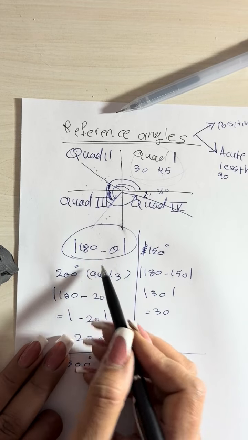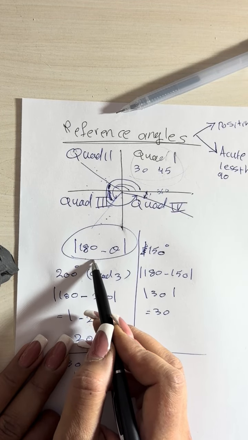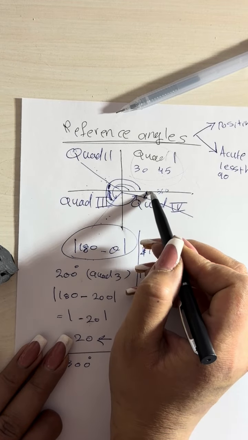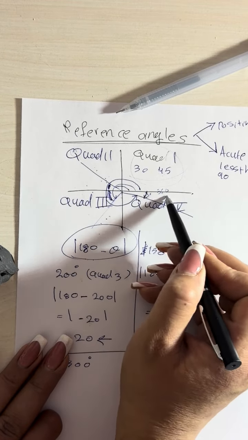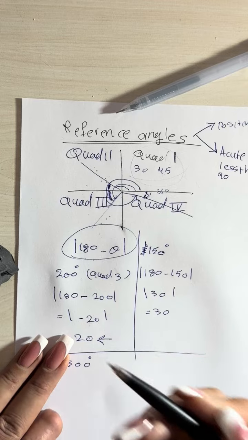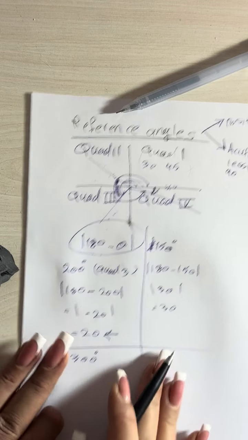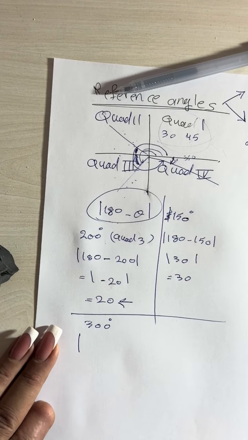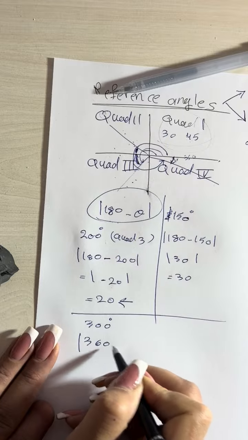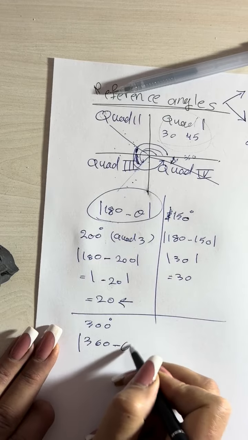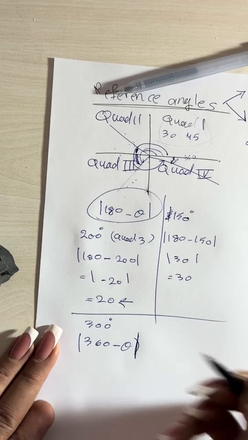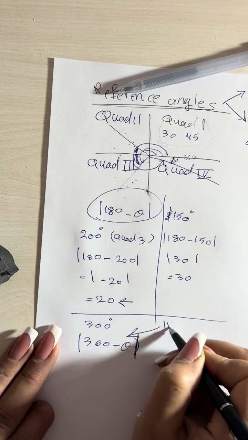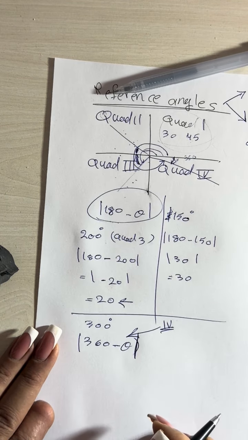That is why I depended on 180. Now this one is this much far from 360. So I have to use a formula that contains 360, which is absolute value again of 360 minus the given theta. You use this when your angle is in the fourth quadrant.